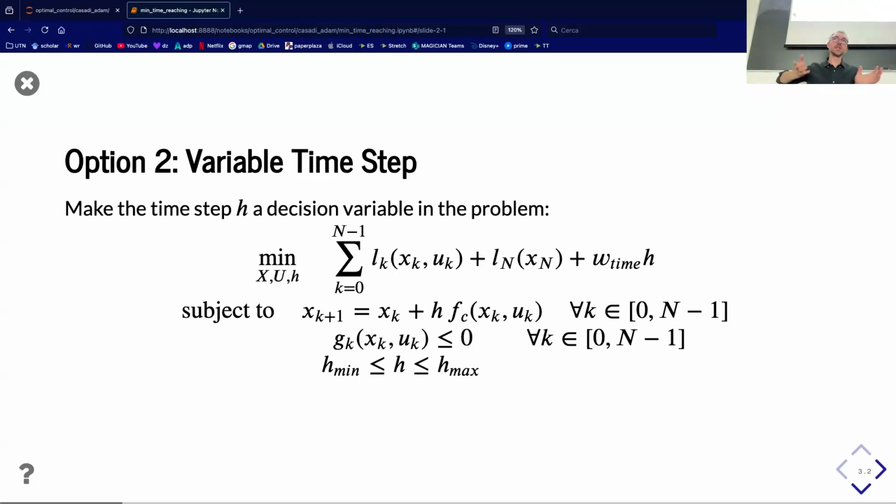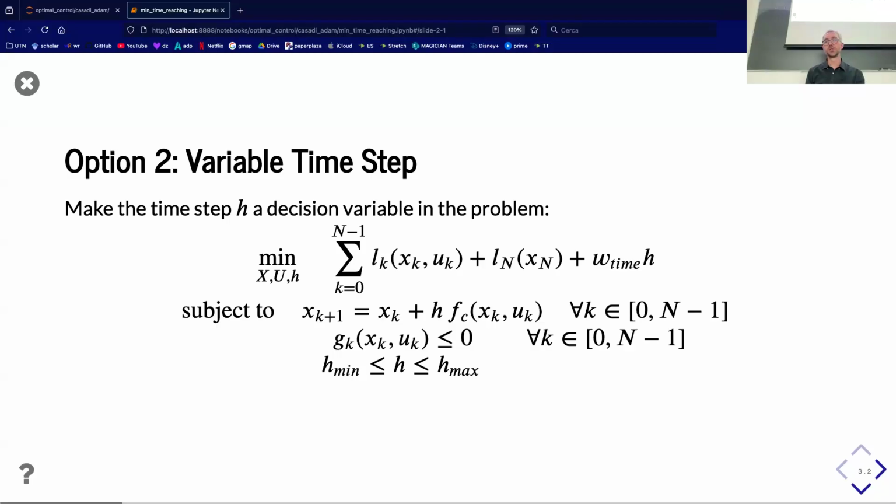Maybe it's not the complete state that you know, just where the end effector should be. So the states are unknown and the time step is unknown? Yeah, everything is unknown. Everything is discovered automatically by the solver. And it's solved numerically, right? Everything is solved numerically, yeah.